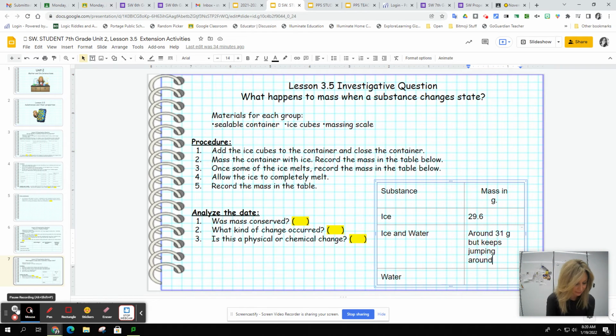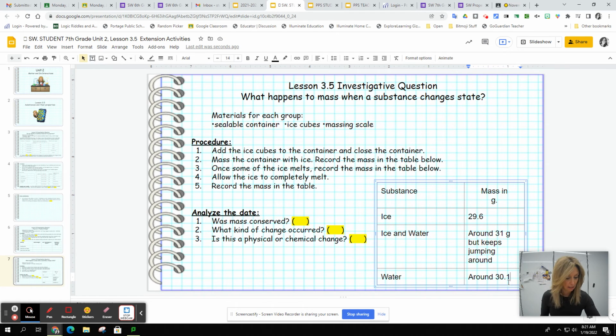All right. And we're hovering around 30.2. Oh, just went down to 30.1. Okay. So we're going to say right around 30.1. It's still there. So around 30.1. Okay?